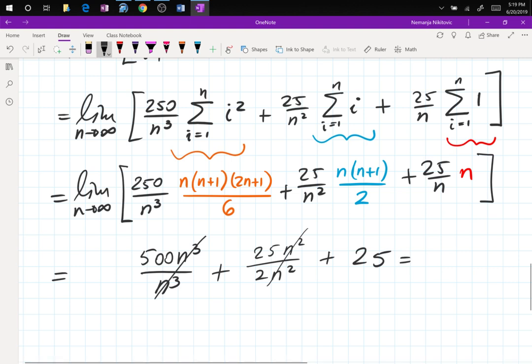Now, the other terms in multiplication don't matter, because if you keep foiling, you will get the lesser terms as well. But none of them matter because they will always have higher degree in the denominator, and that one will be killed by the limit. Each one of those will go to 0. We know that any value over n to any power goes to 0 as n goes to infinity.